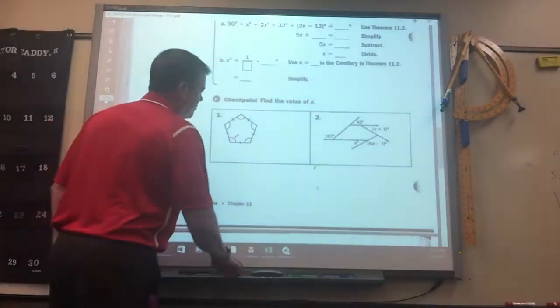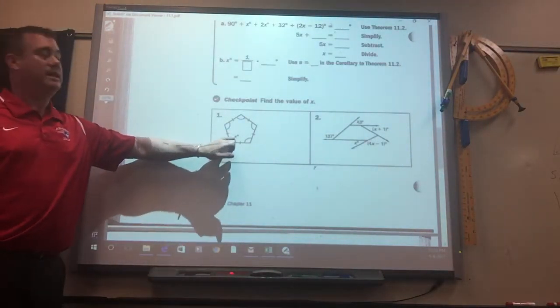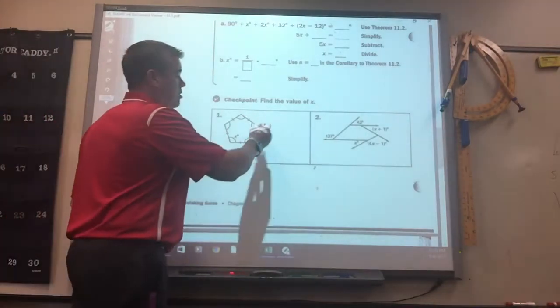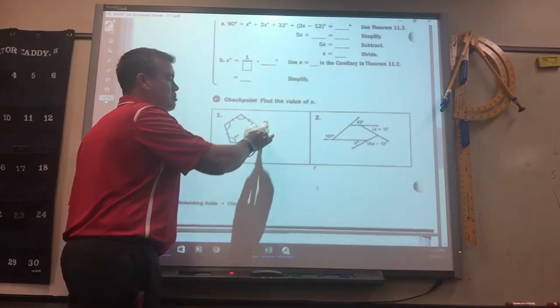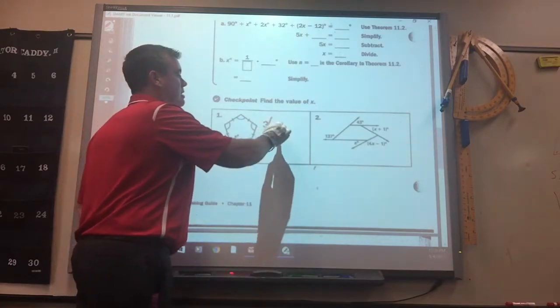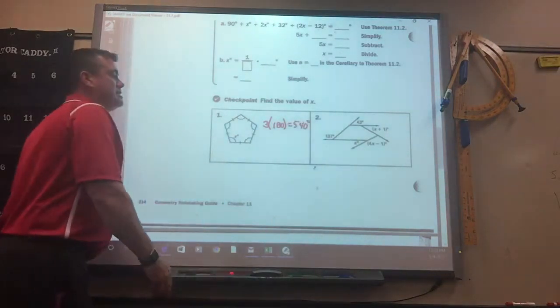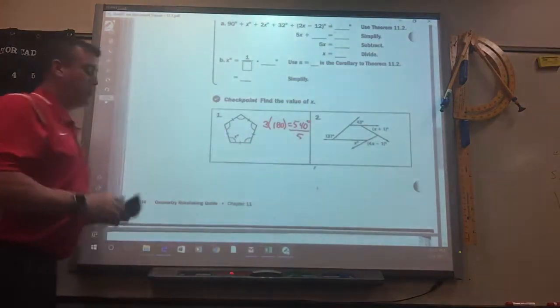Here they're looking for the interior angle, and it's a regular pentagon. To figure out the interior, it's the number of sides minus 2, which makes 3, times 180 is 540. They're all the same, so you divide that by 5.